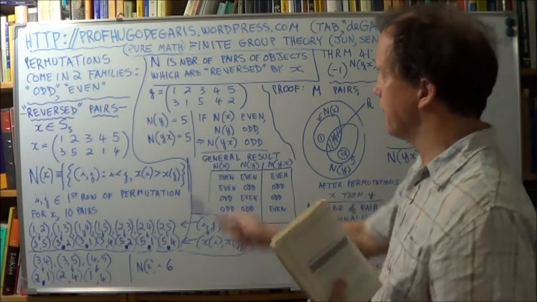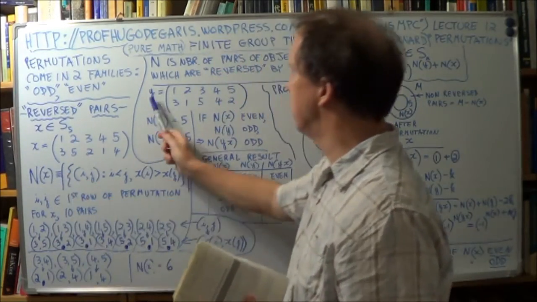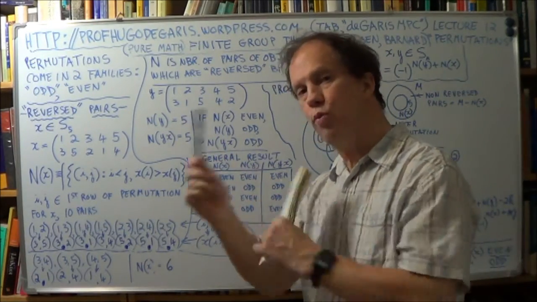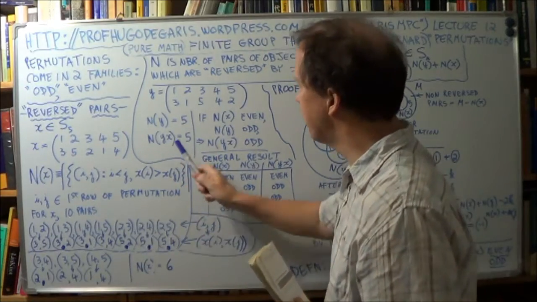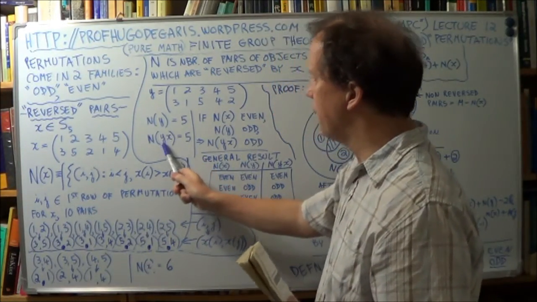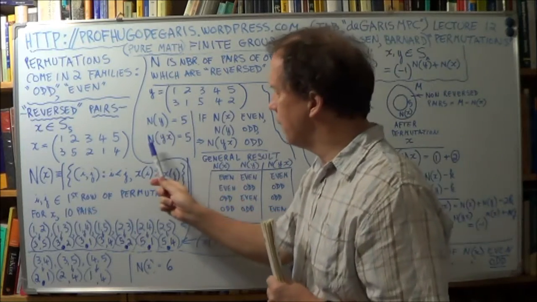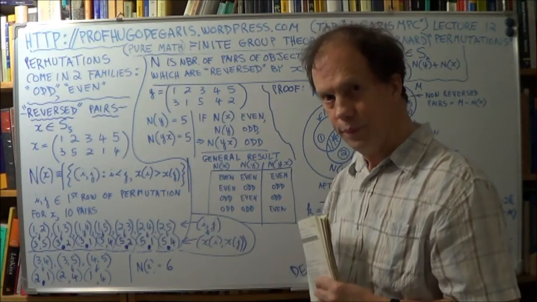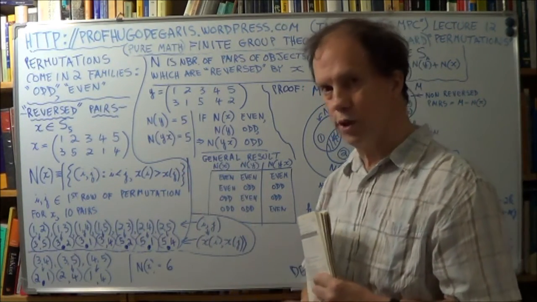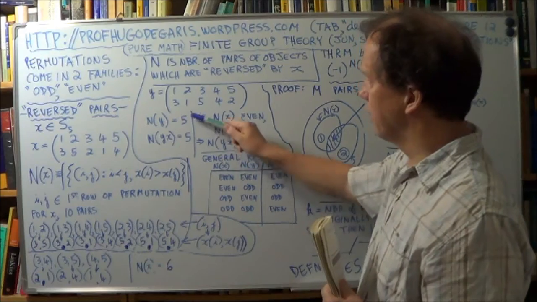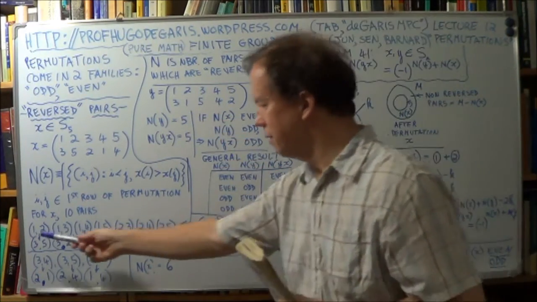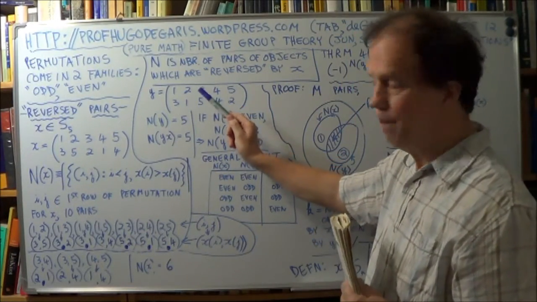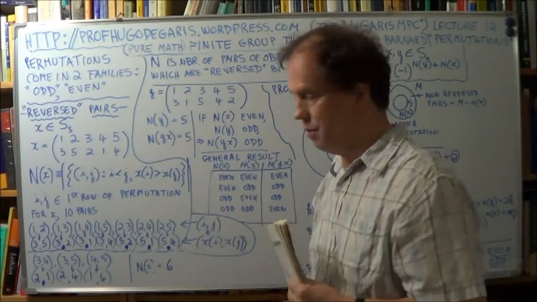Now, you know x and you know y, so we can now perform two permutations, first x then y, right? First x and then y, and then I ask you what is big N of yx? In other words, how many reversed pairs does it have? Now, I'll give you the answer, but I ask you to do this as homework, to give you practice on how to do it.